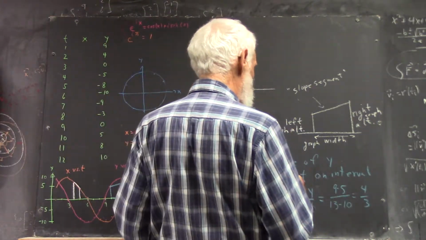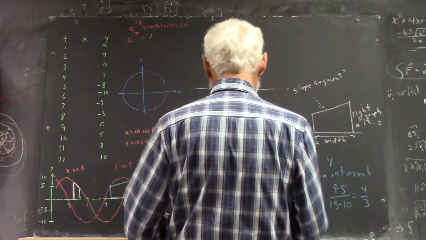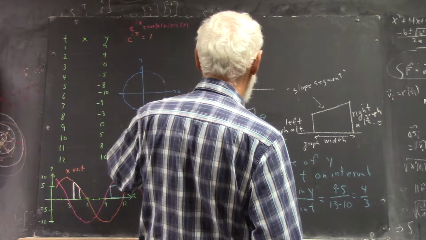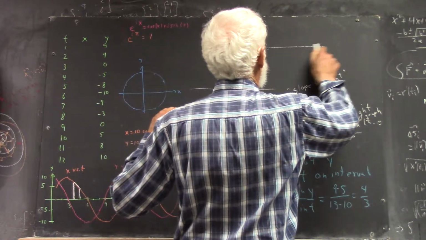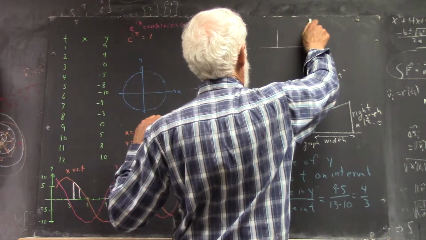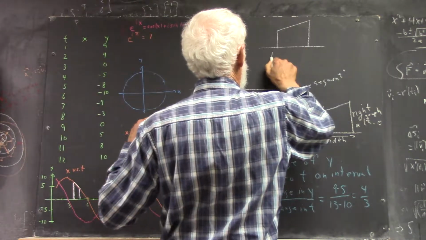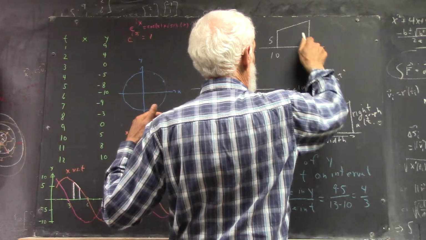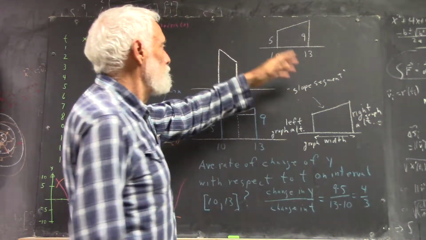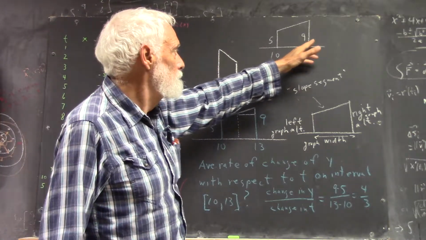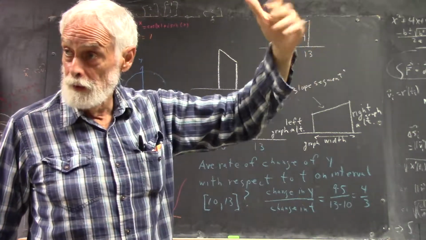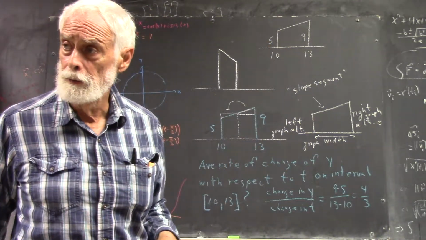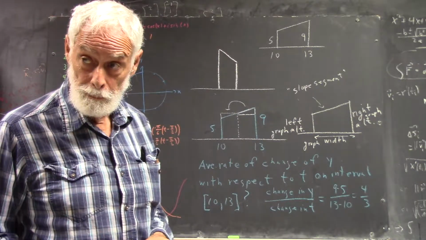Okay, so we now have this picture. We've got 10, we've got 13, we've got 5, and we've got 9. Now I'm going to put the 9 on this side because generally I label an altitude to the left of the segment. I didn't do that here, but coming around to some conventions that we want to use, we're going to do this.